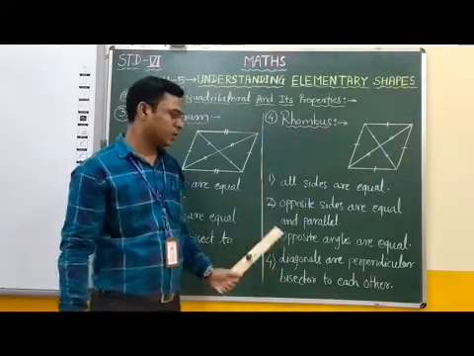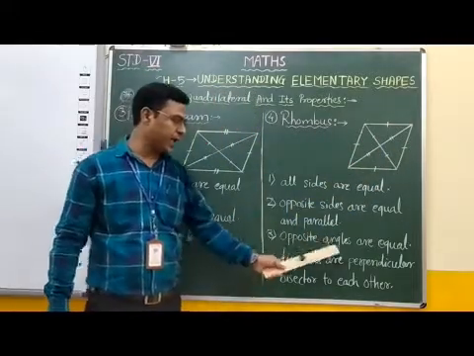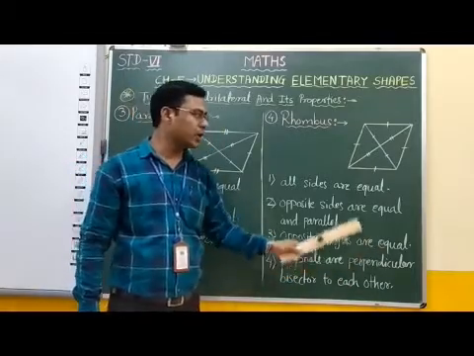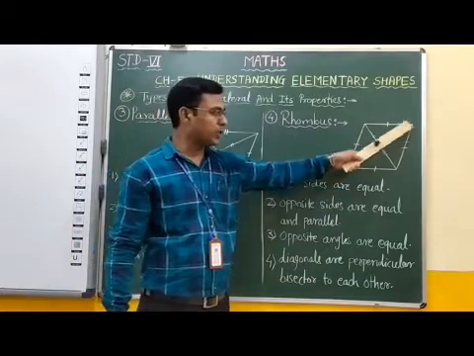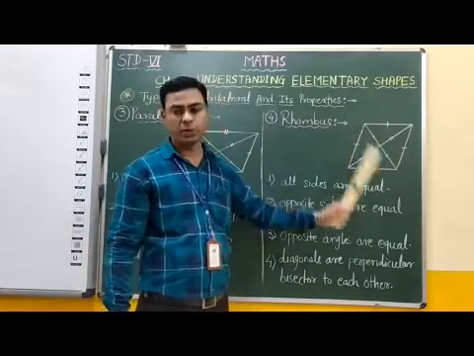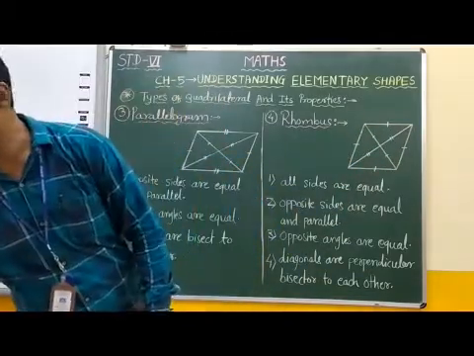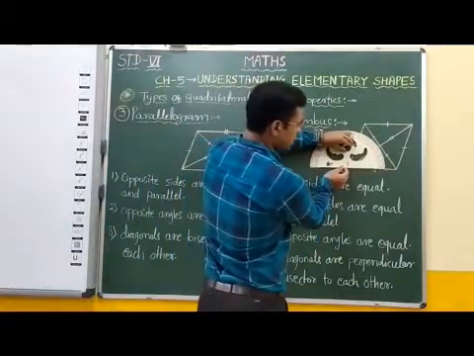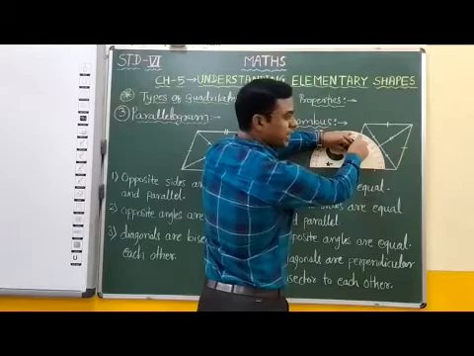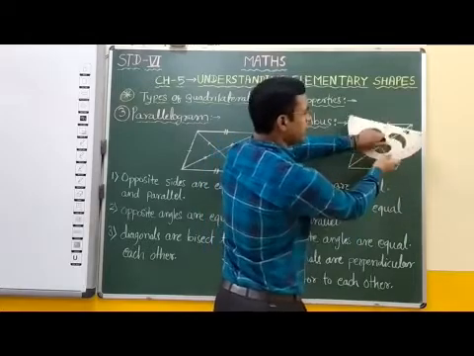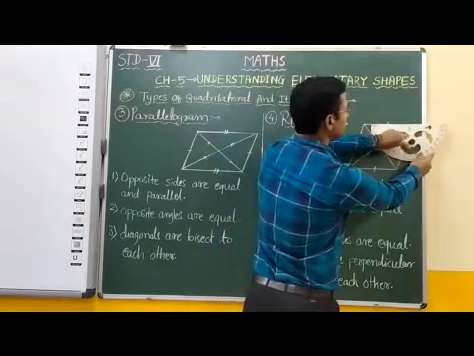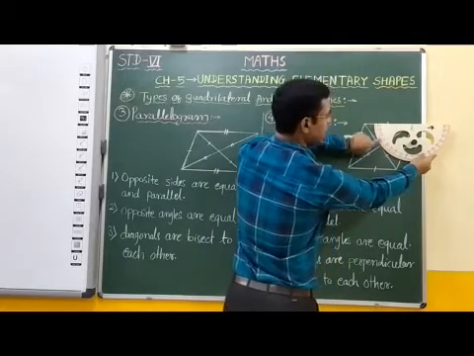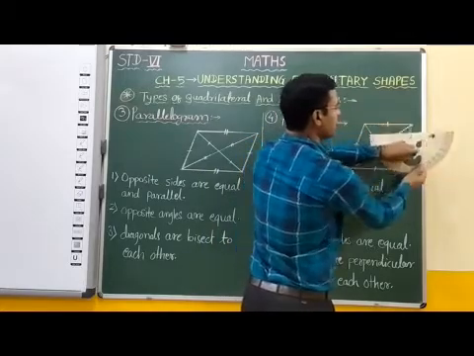Now the third property: opposite angles are equal. These two angles are opposite angles, these two angles are opposite angles. If we measure these angles, this angle is 70 degree and its opposite angle is also 70 degree.